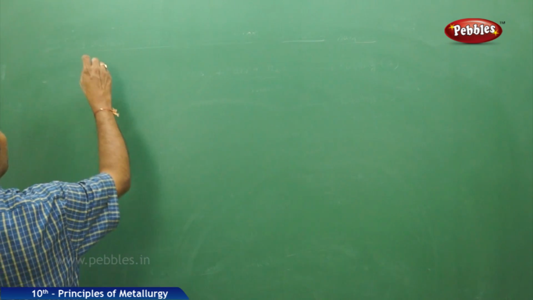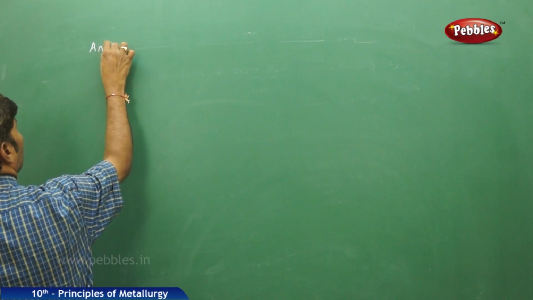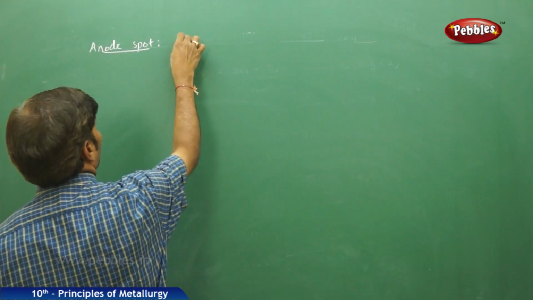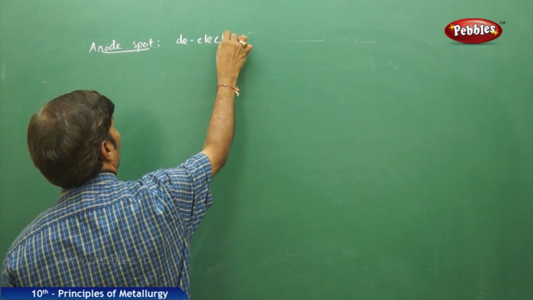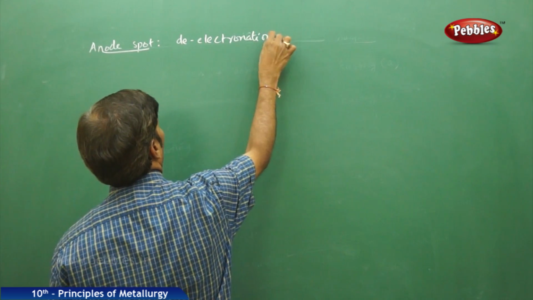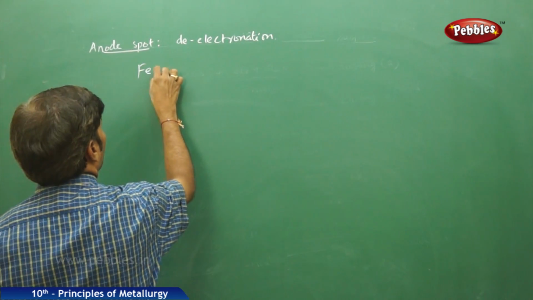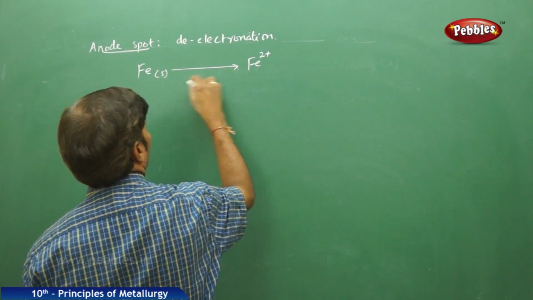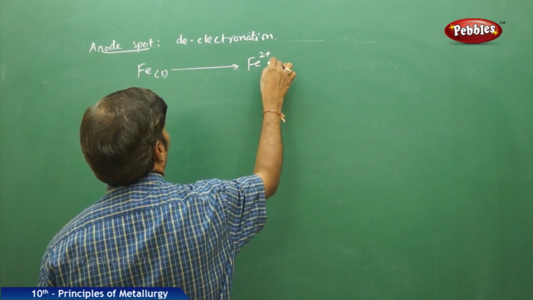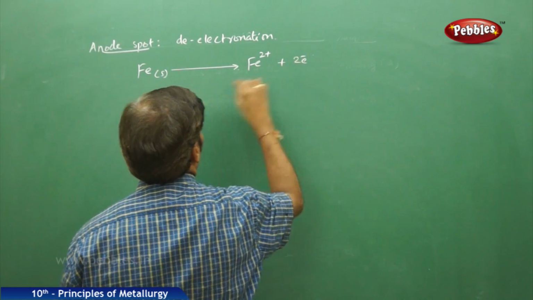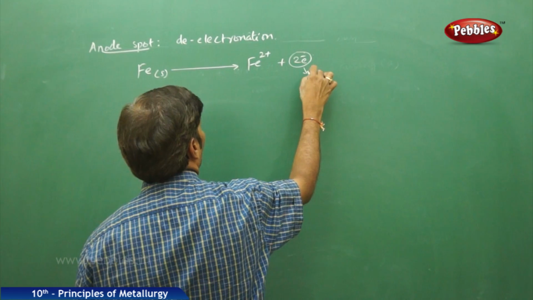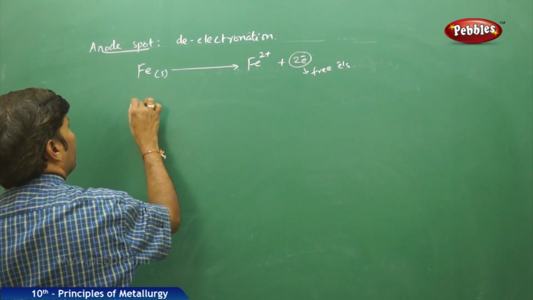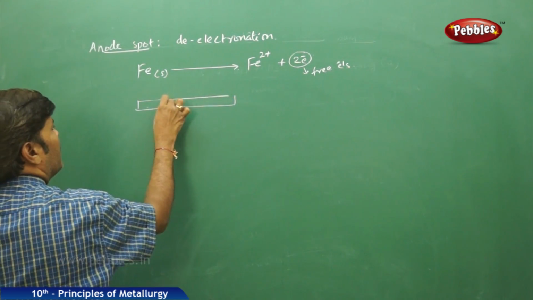So if you take this anode spot on the metal surface, it undergoes de-electronation, and here iron solid gives Fe2+ plus 2 electrons. These 2 electrons which are obtained are called free electrons. If you take a piece of iron rod, you can see one spot.